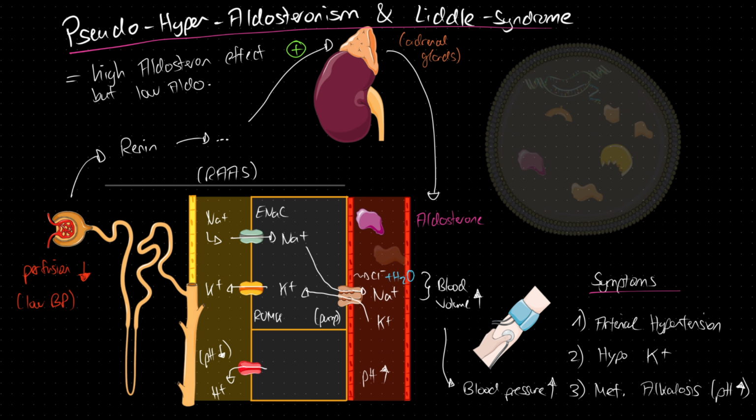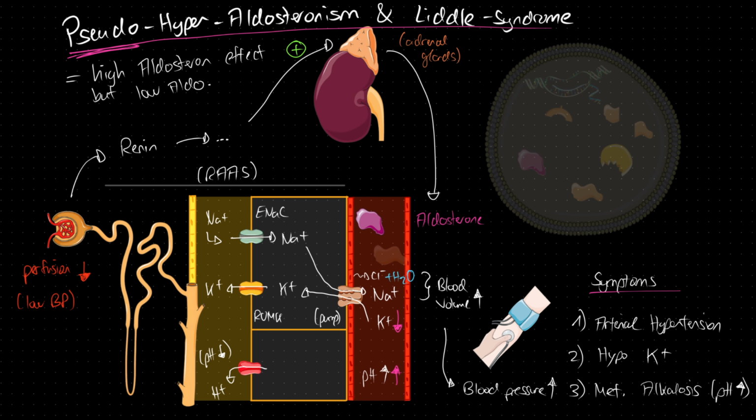In pseudo-hyperaldosteronism, the symptoms are like those of true primary hyperaldosteronism. Accordingly, arterial hypertension can develop through sodium retention. Hypokalemia, so low potassium concentration in the blood, may happen through potassium wasting, and metabolic alkalosis through proton loss due to this mechanism we discussed.